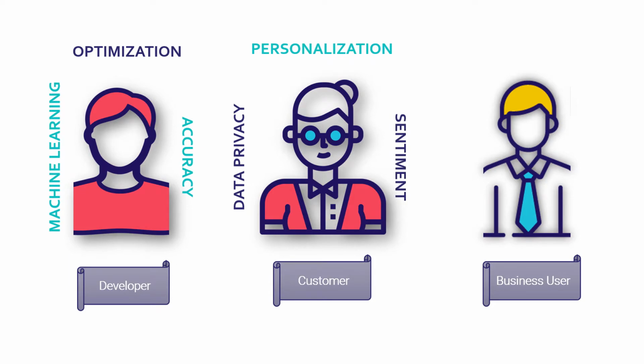Finally, a business user may think about data as the answer to be able to react to customers' insights in real time, achieving very specific KPIs, or being able to monitor customers' trends, among many other things.